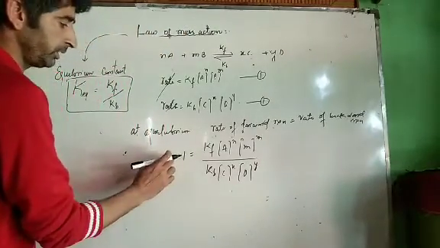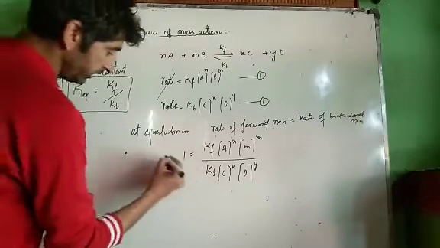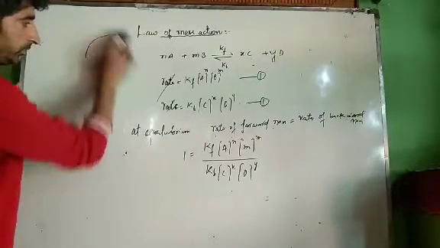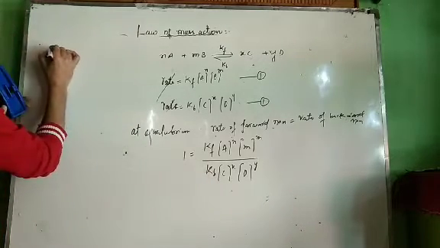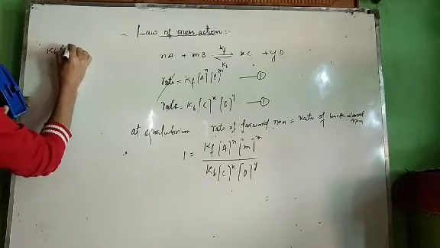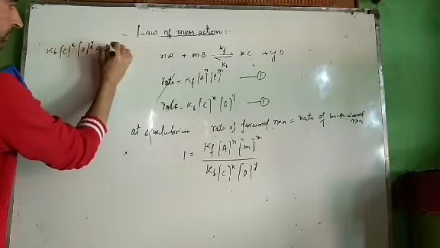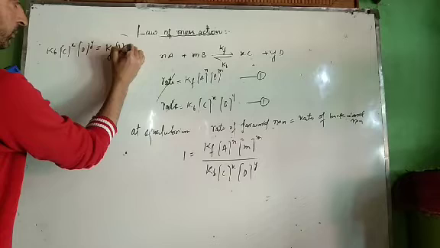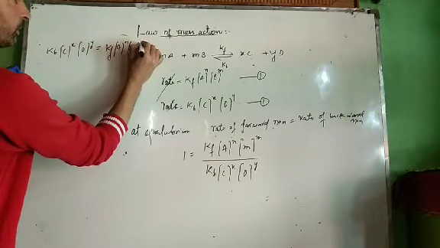Now bring this quantity over here. We can get Kb into concentration of C raised to power x into concentration of D raised to power y is equal to Kf into concentration of A raised to power n into concentration of B raised to power m.